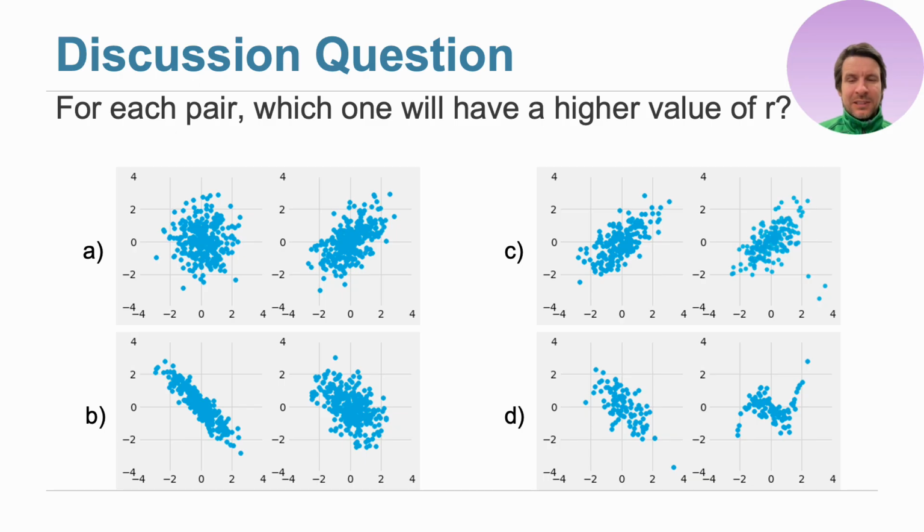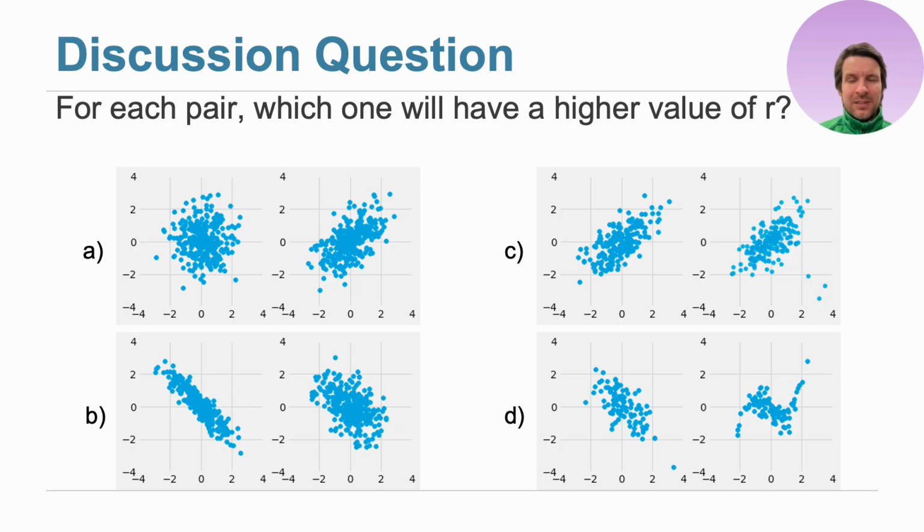When it comes to C and D, it's harder to tell. For C, the correlation will be positive, and on the left it looks like the numbers are a little bit more in a cloud, but on the right there are several outliers which may ruin the number.